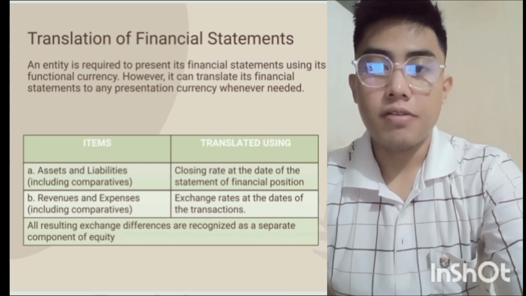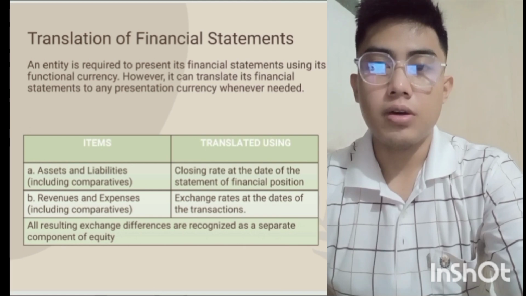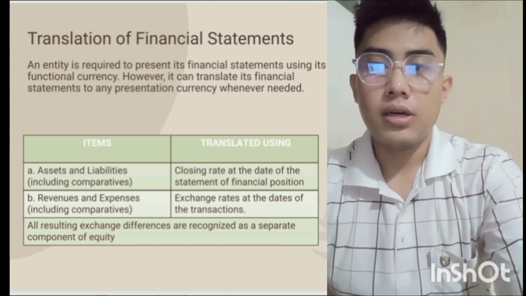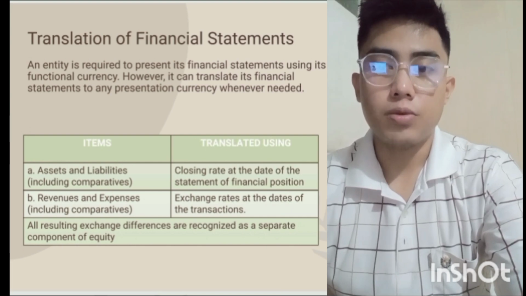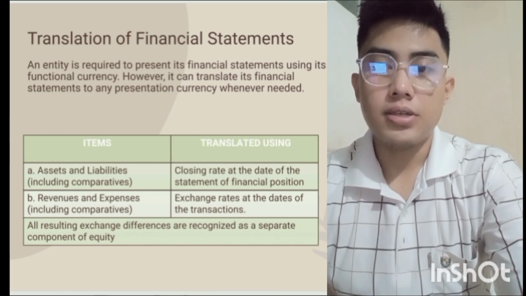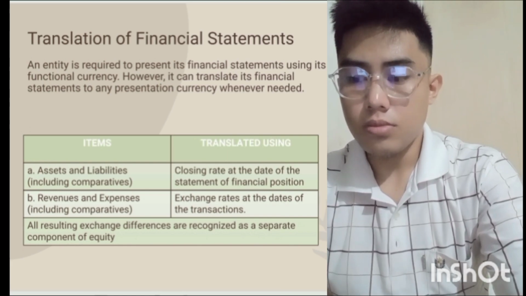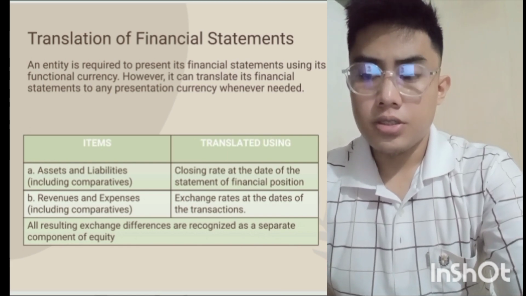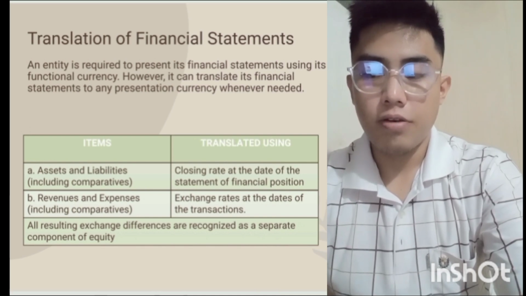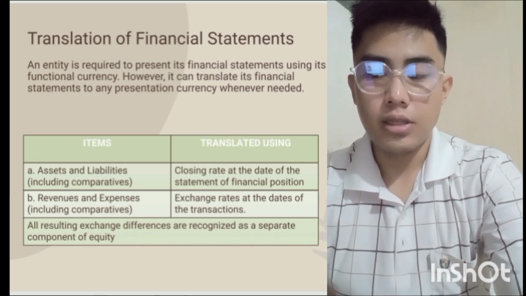Letter B, revenue and expenses, including comparatives, are translated using the exchange rate at the date of the transaction. All resulting differences are recorded as a separate component of equity to keep the financial statements consistent and transparent.